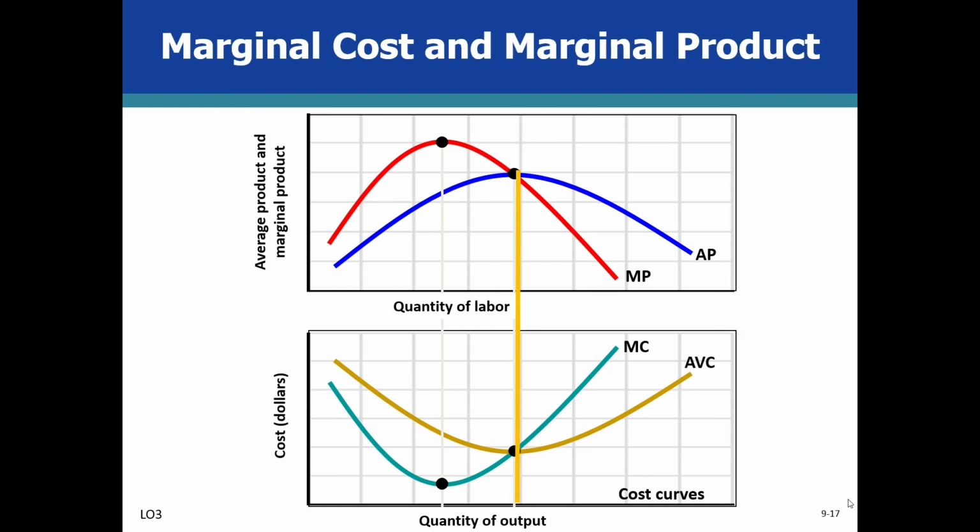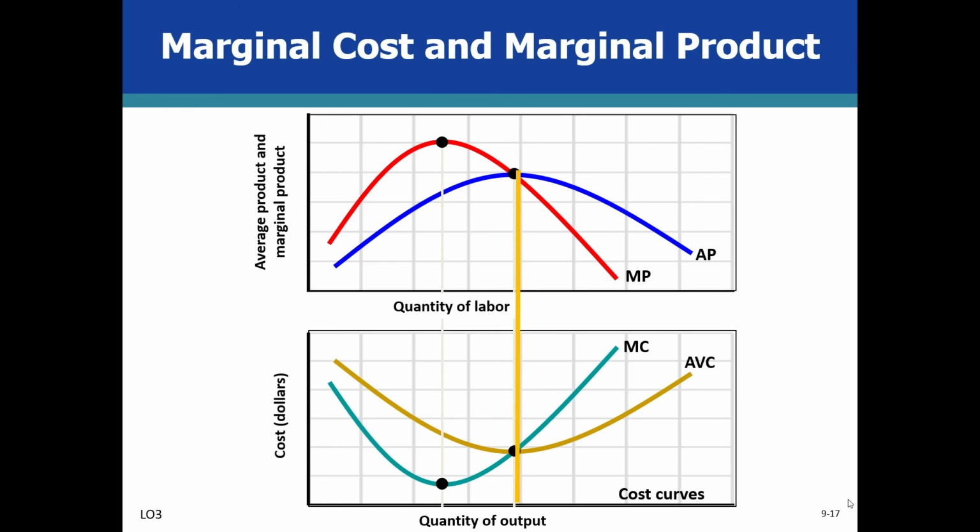So again, if you go back and look at the tables, you will see that marginal product and marginal cost reach their high point for output and low point for cost at the same quantity of output. So just take a look at the two black dots on this chart. Top one being output, bottom one being cost.